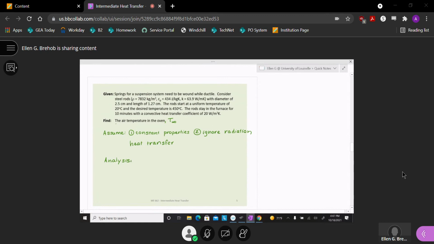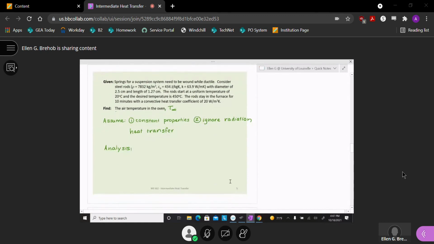We think that lump capacitance is going to be what we're going to use because we just talked about it. But let's check it.